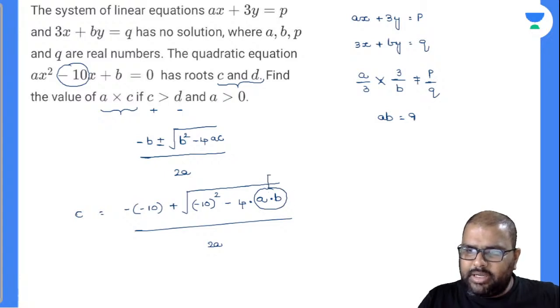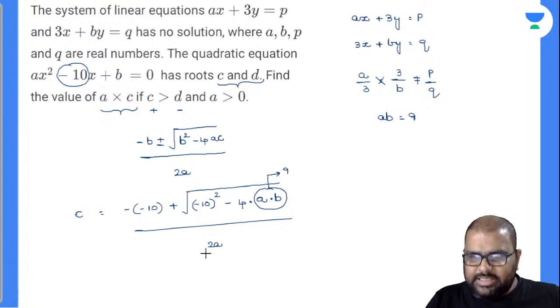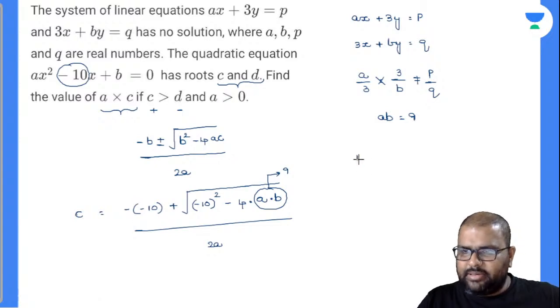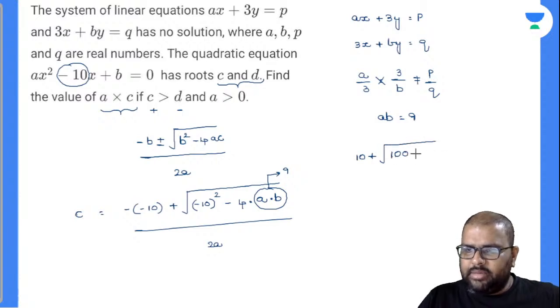Now everybody knows, I already calculated this ab value. AB value is how much? 9. So finally see here, can I do this? Minus into minus 10 will be plus 10 plus the root of minus 10 into minus 10 will be 100 minus 4 9s are 36, divided by 2a. Finally, 100 minus 36 is 64, root is 8, 10 plus 8 is 18, 18 by 2a will be 9 by a.